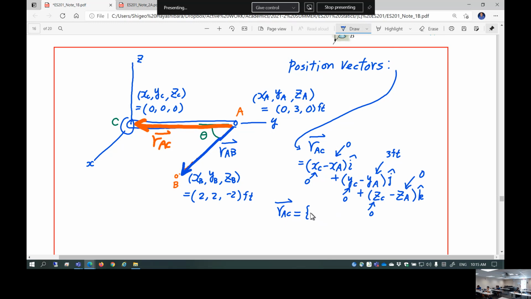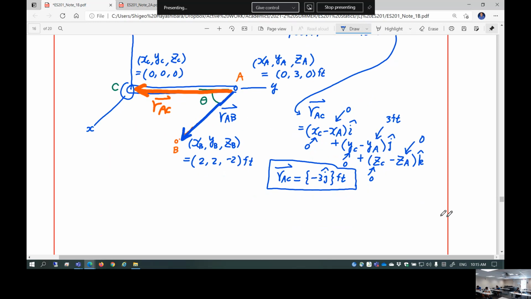What is RAC? Negative 3J foot. So be careful. Because of the definition of position vector, RAC is in the negative y direction, magnitude 3, minus 3j foot. Make sense? That's how I construct the position vector.